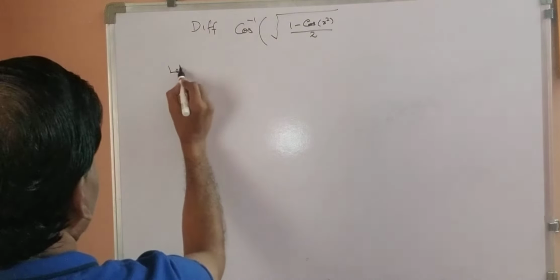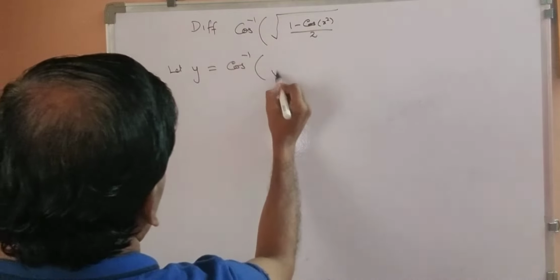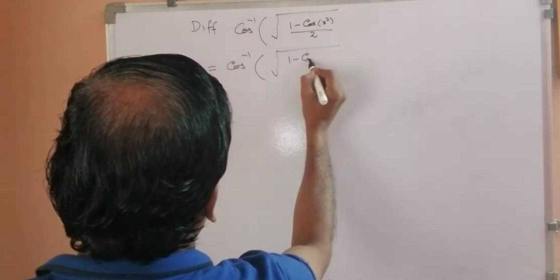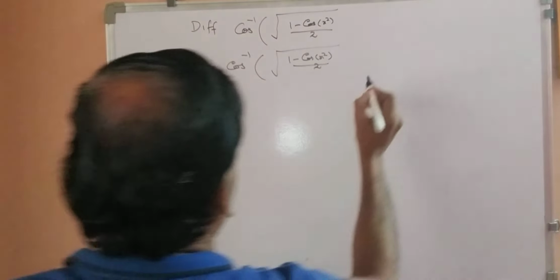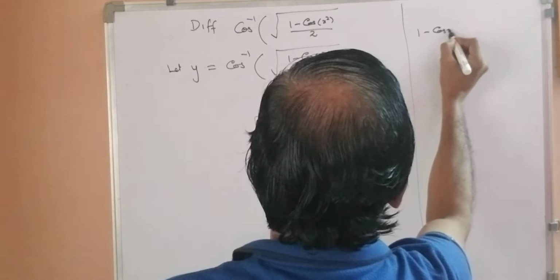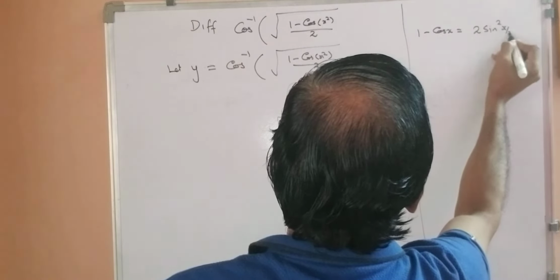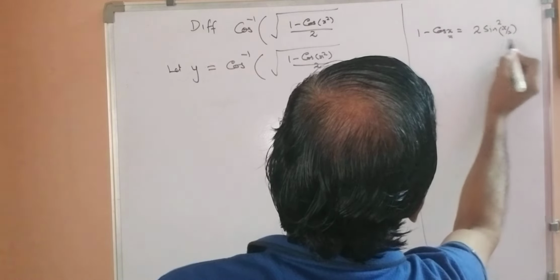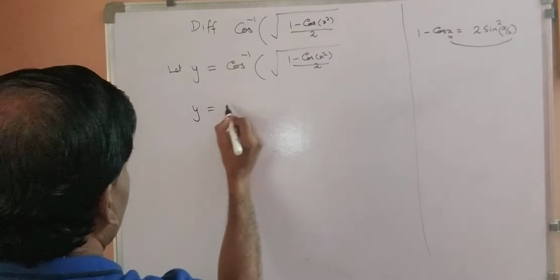So let y equal to cos inverse square root of 1 minus cos x square upon 2. What I told you? 1 minus cos x equal to 2 sin square x by 2. If it is x square, it is x square by 2. Okay. Now the same thing will apply here.